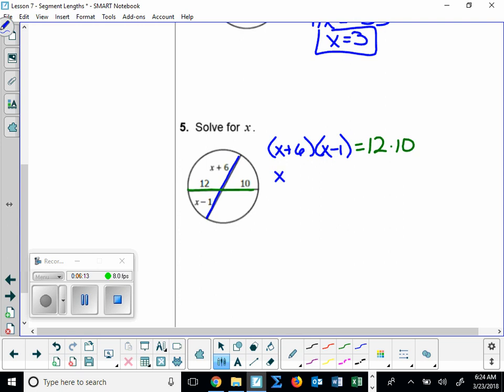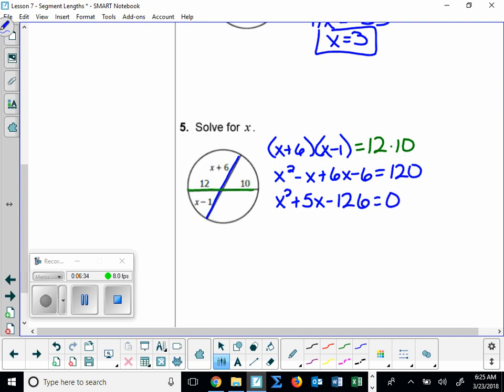Let's see. I have to FOIL this. x squared minus x plus 6x minus 6. x squared plus 5x. And I know I need this to equal 0. So minus 126 equals 0.